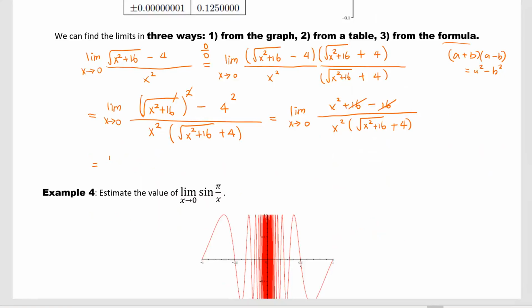Well, if the 16 gets canceled, what happened? We only have x squared left. That is our bad guy because it makes the numerator and denominator 0. So now we can cancel the bad guy. So we are safe. By the way, when you cancel it, you get 1 on top. You don't get 0, okay?